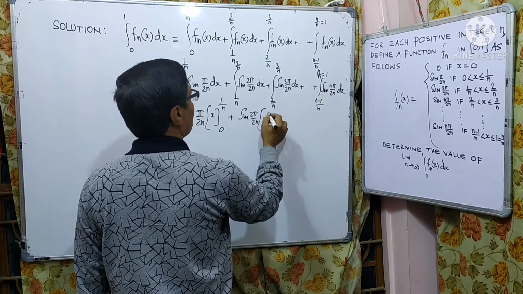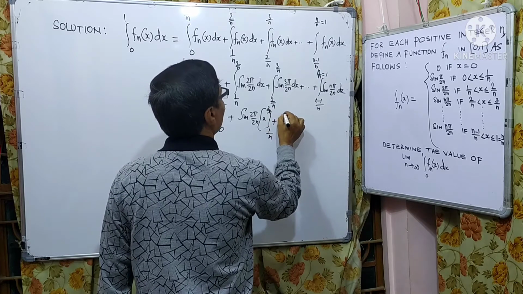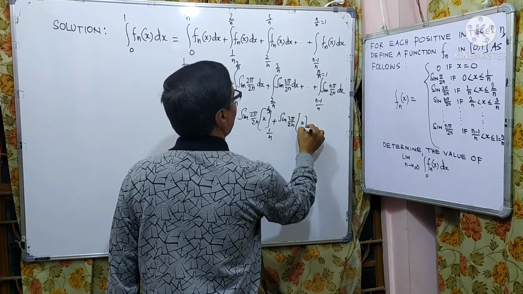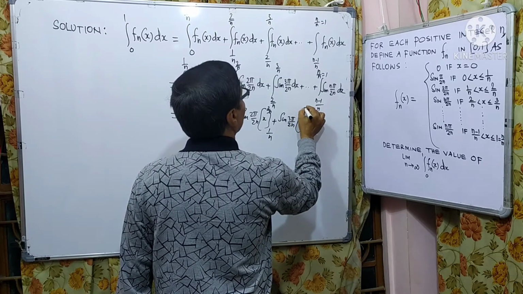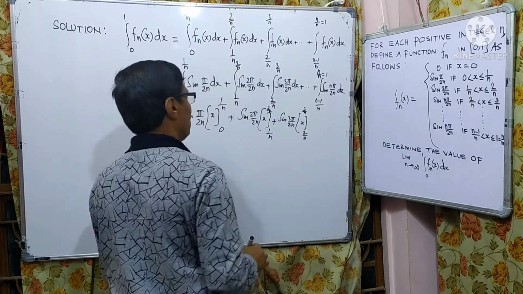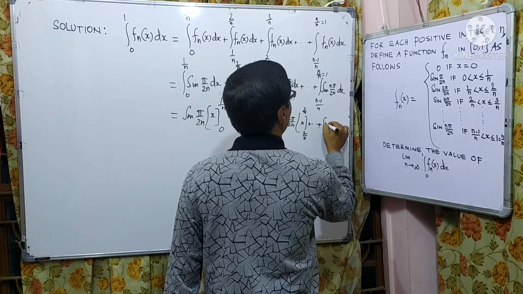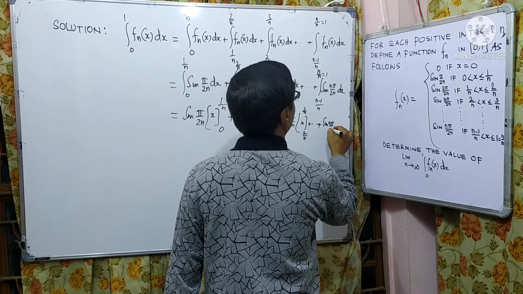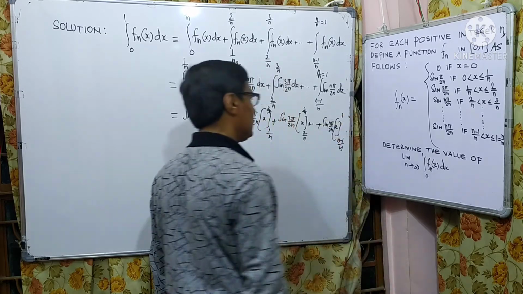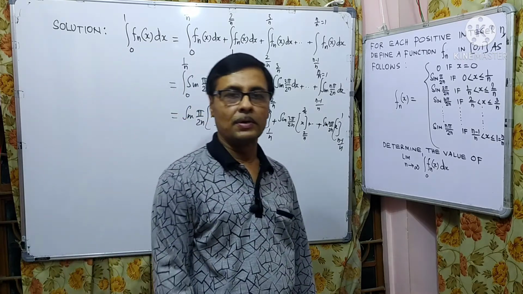So we can write this as: 1 over n, 2 over n, sin 3 pi over 2n, x, with upper limit 3 over n and lower limit 2 over n, and so on. Lastly sin n pi over 2n, x, from n minus 1 over n to 1. These are the integrals on its sub-intervals.